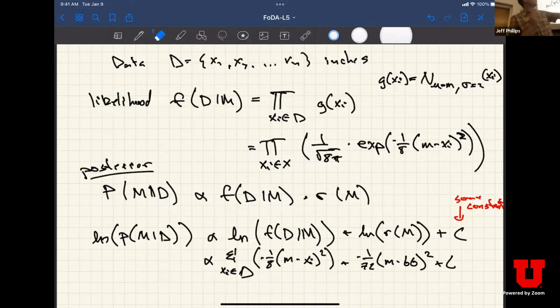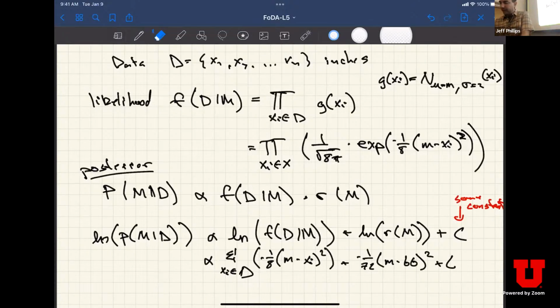The second term in the sum is directly from the prior, and the first term is from the data. Now this 1/8 and the 1/72 actually matter a little bit here.